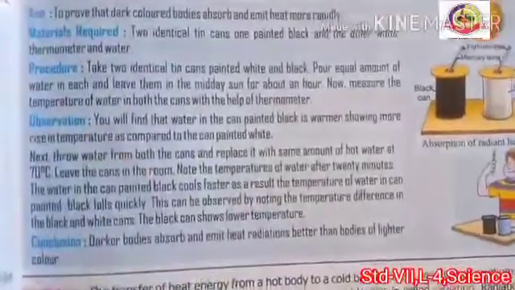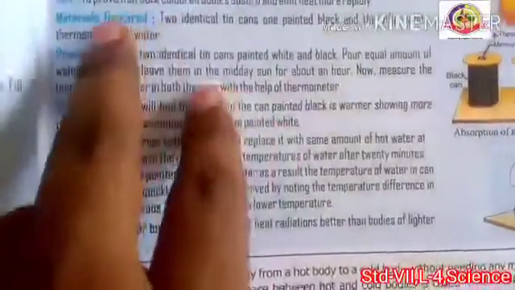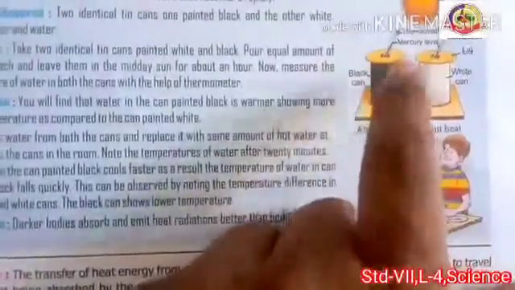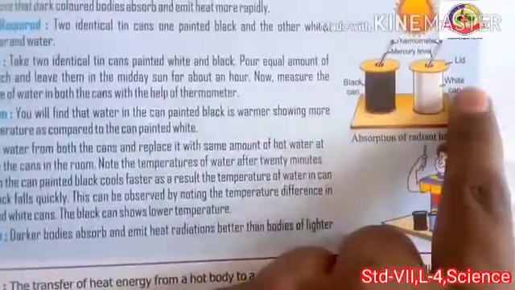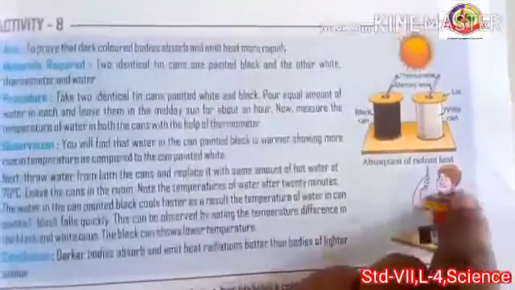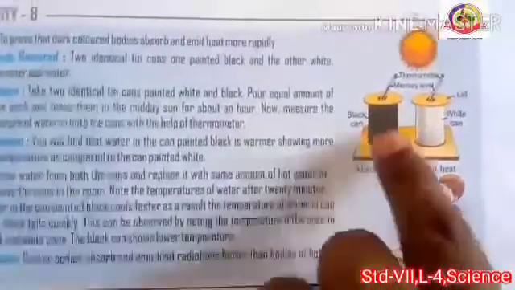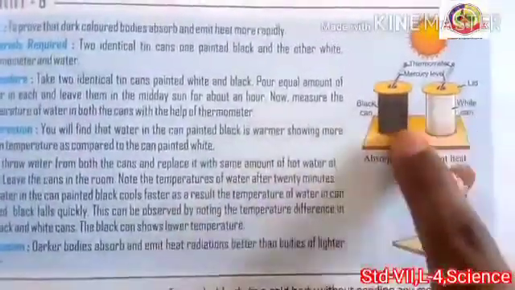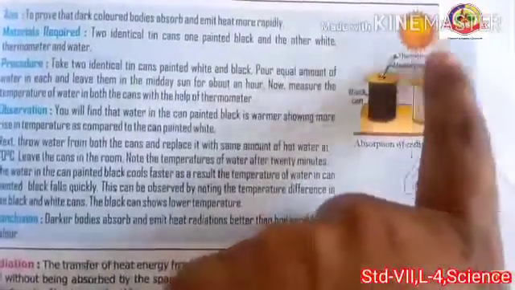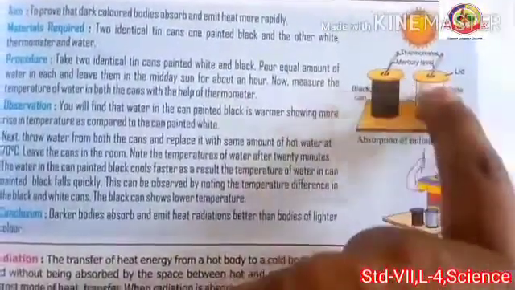Activity 8 is given to prove that dark color bodies absorb and emit heat more rapidly. As you can see in the picture here, there is a black can and a white can, and we are measuring the inside temperature of both. Keep both cans outside under the sunshine and measure the temperature of both.